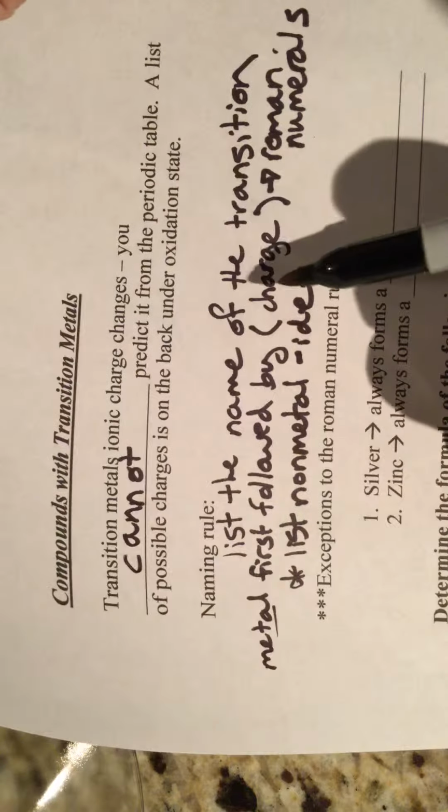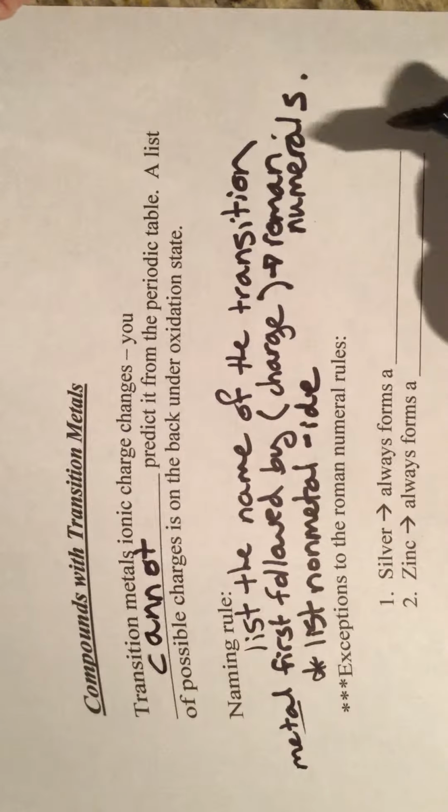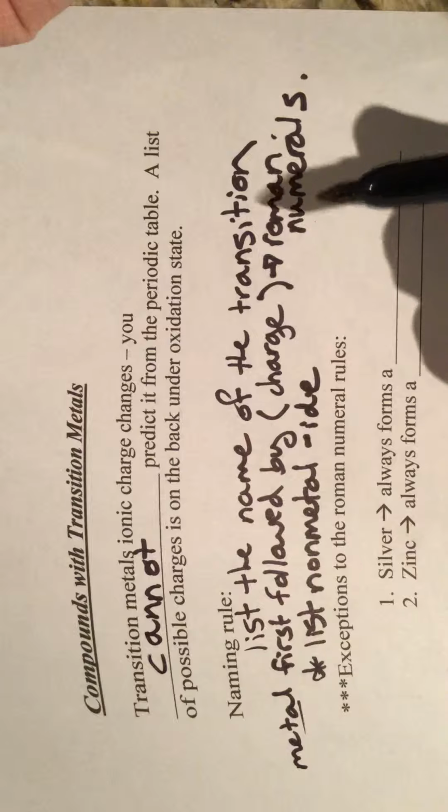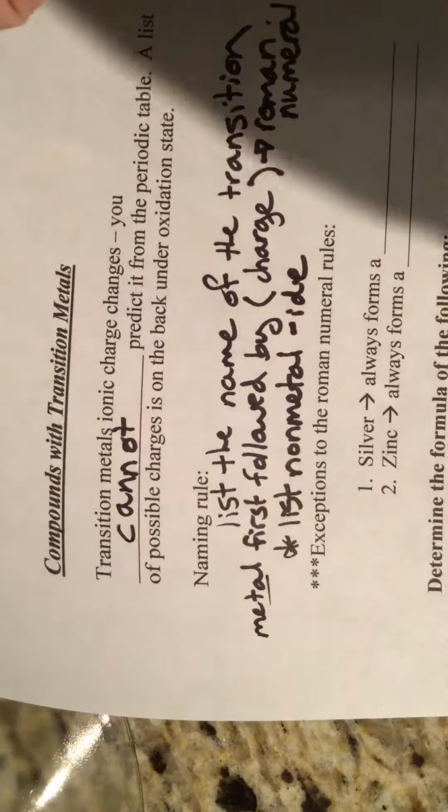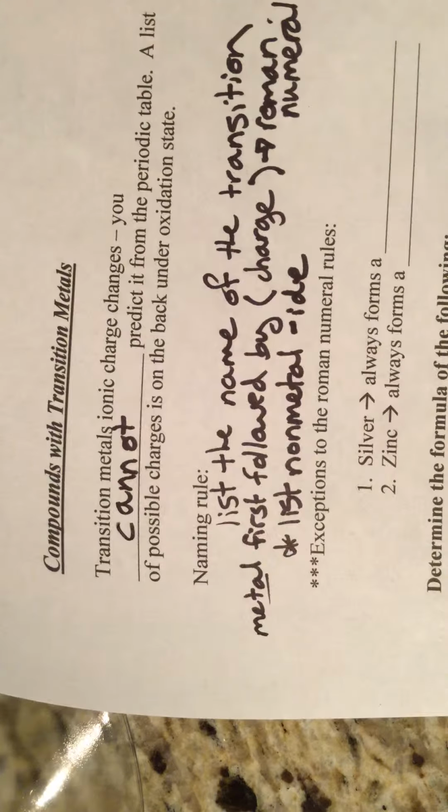So still the metal first. We're listing the transition metal name first, followed by the charge in parentheses. That charge needs to be given in Roman numerals, and then the non-metal is second with that IDE ending.